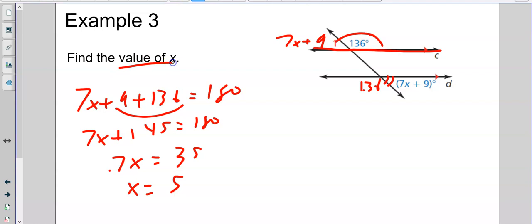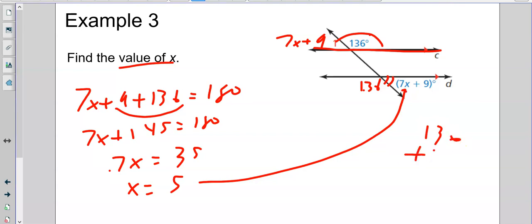Now remember, it says just find x. So I'm done. But if I want to plug it in, 7 times 5 is 35, plus 9 is 44. And 136 plus 44, guess what? Equals 180.